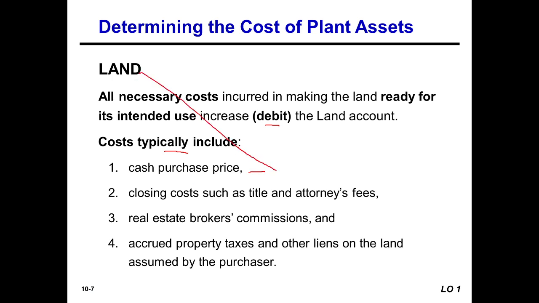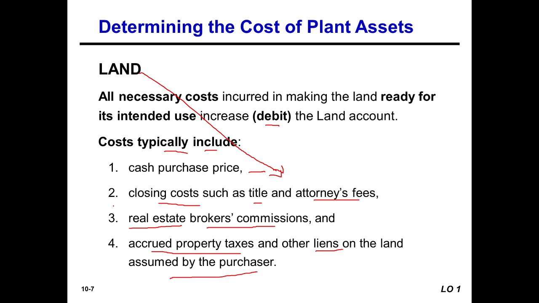Number one, cash purchase price of the land. Number two, closing costs such as title and attorney's fees. Number three, real estate broker's commission. Number four, accrued property taxes and other liens on the land assumed by the purchaser.